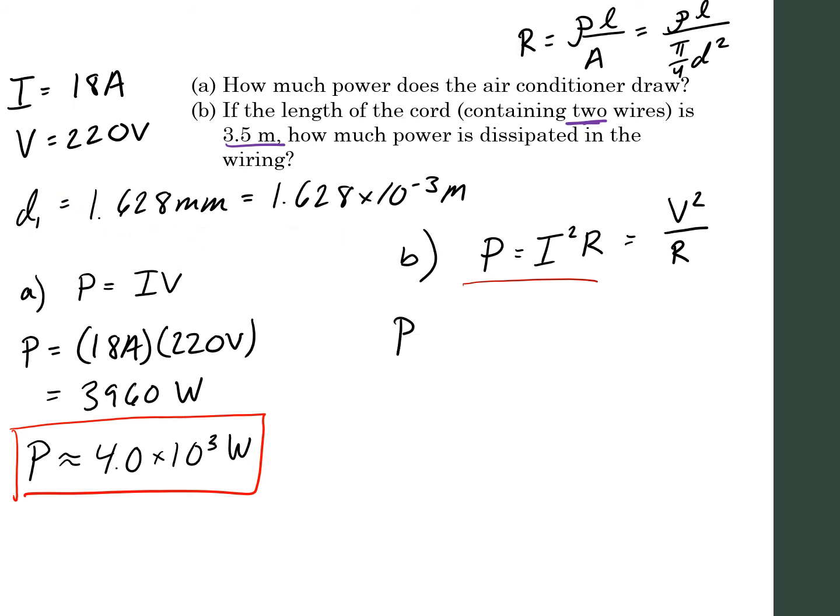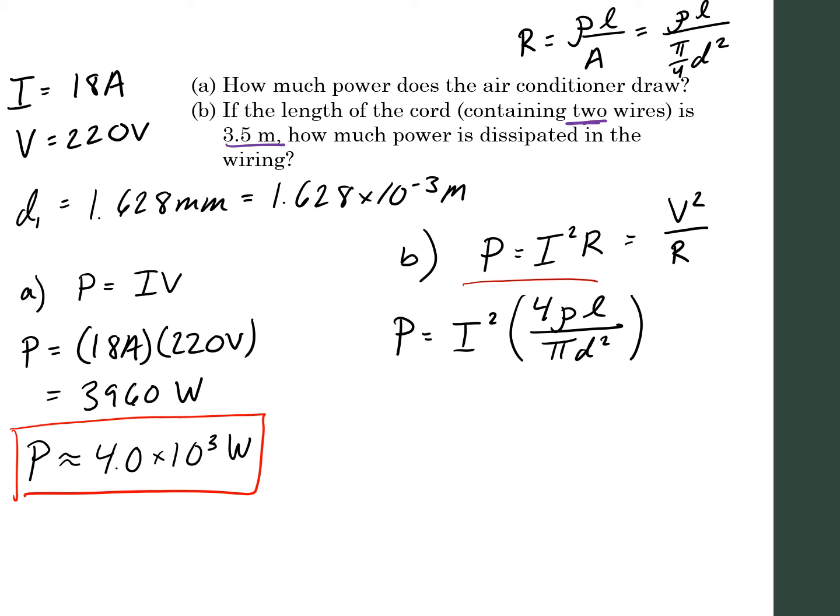So I'm going to rewrite my power equation. I'm going to have 4 rho L over pi d squared. So this is the resistance value, but I need to remember that I technically have 2 wires.